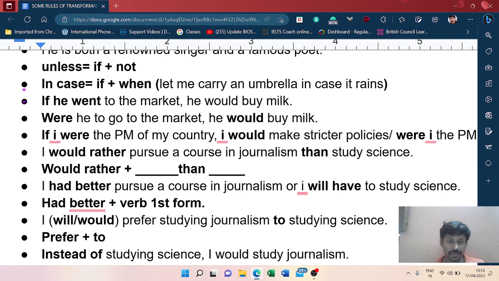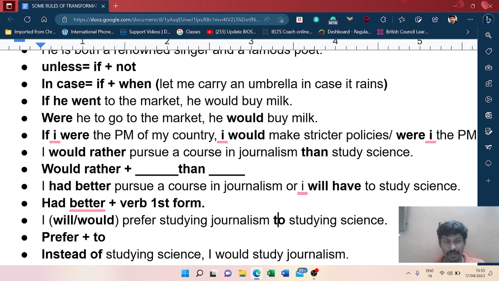I will or would prefer studying journalism to studying science. Means I would prefer studying journalism to studying science. So remember, the word prefer is always followed by to. Don't write even the names of other things without to. Or prefer than, this kind of mistake you have to avoid.